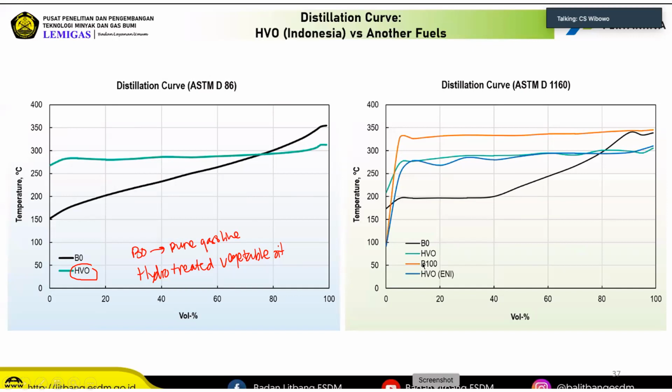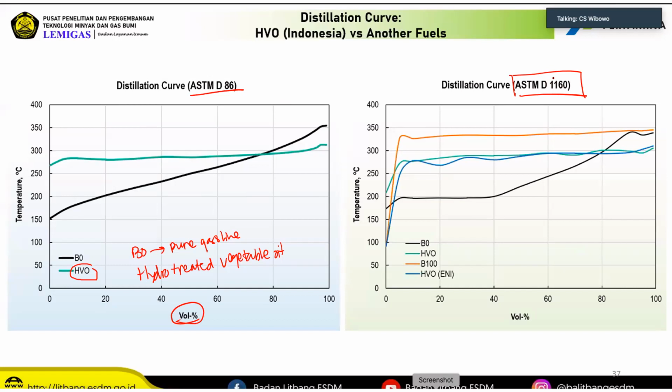So the distillation curve here is the graphical depiction of the boiling temperature of a fluid mixture plotted against the volume fraction distilled, based on ASTM D86 and ASTM D1160. If you want to know the difference, we can Google it.